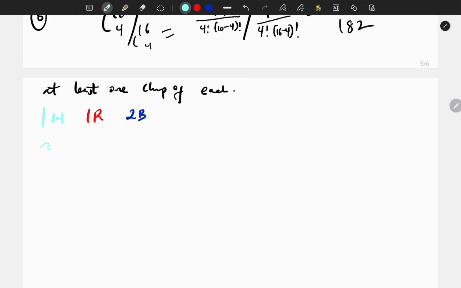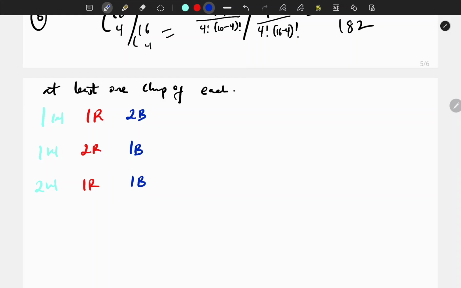Or we can have 1 white, 2 red, and 1 blue, because they have to be 4 in number. Or we have 2 white, 1 red, and then 1 blue. So then we sum everything up.